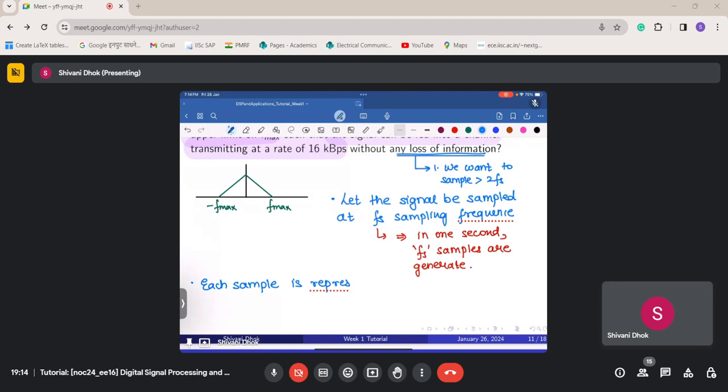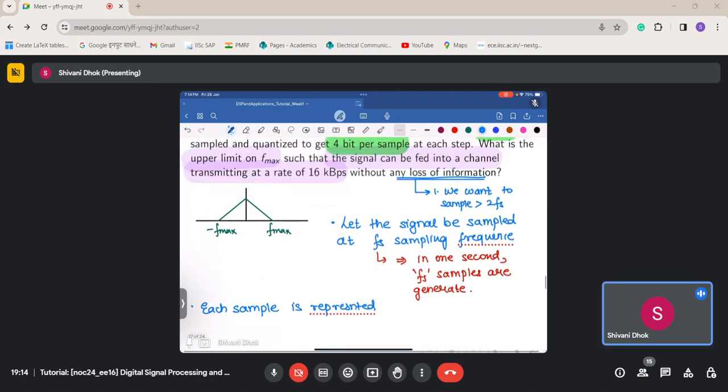Yeah, bytes. Oh, yes, madam. Each sample is represented by 4 bits.